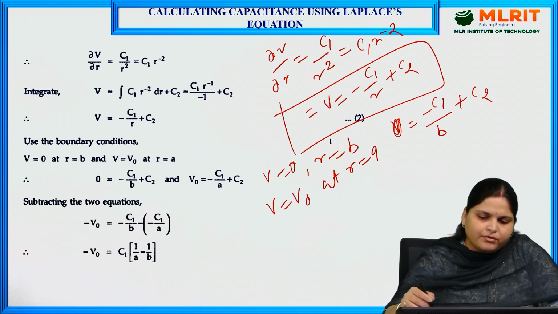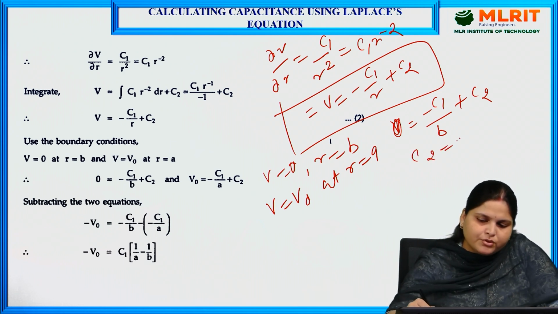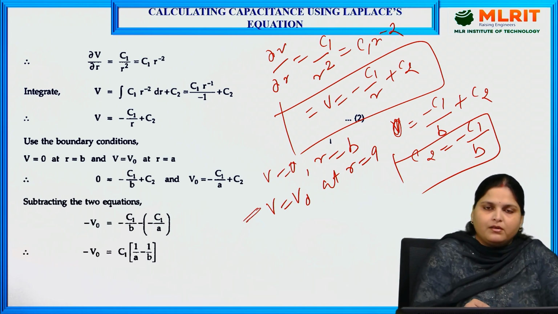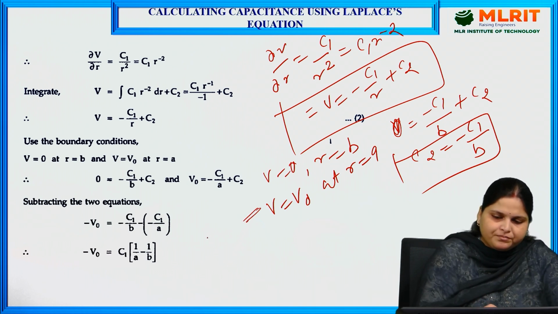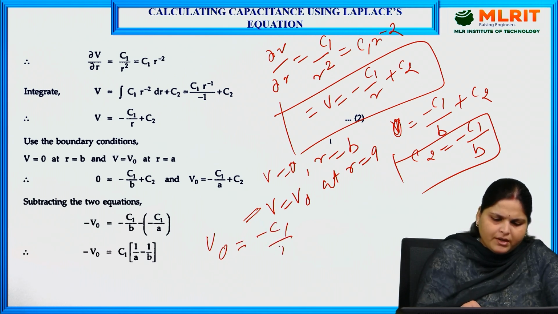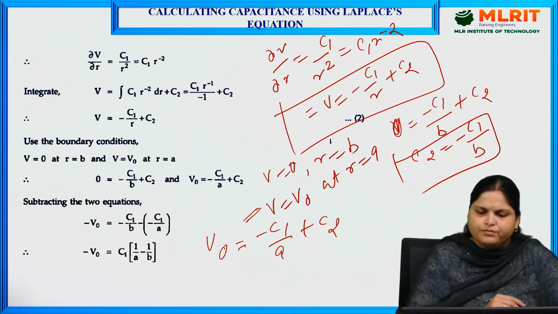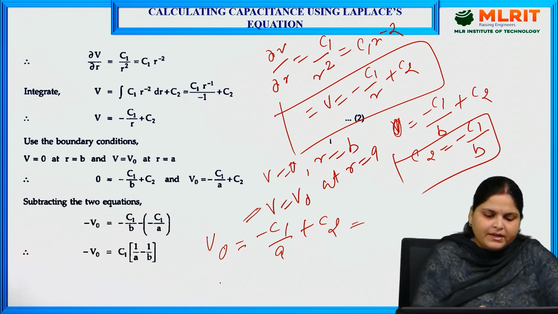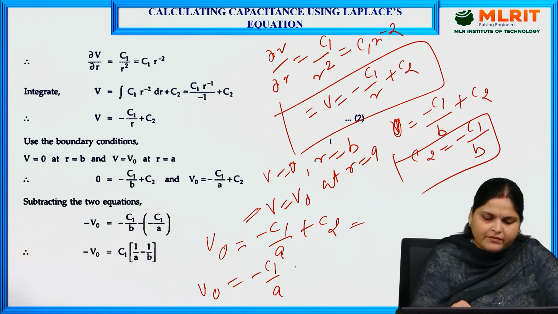So from here we get C2 equals C1 upon B. Using the second boundary value, we get V naught equals minus C1 upon A plus C2.